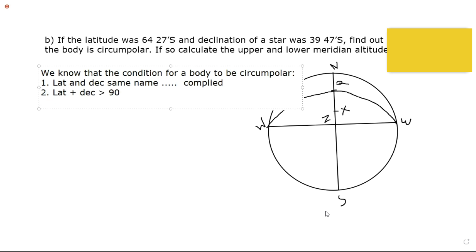So in this case, lat plus dec is equal to 64 degree plus 39 degree 47. कैलकुलेट कर देखो कितना है, is equal to 104. 104, is it correct?